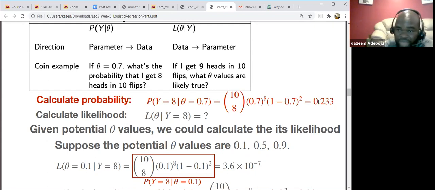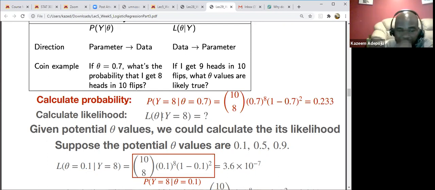The probability we used here is 0.7. The question now is, can we have a way to estimate our parameter? Instead of using this 0.7, if I have information about my response, is there a way I can figure out the optimal value of the parameter?